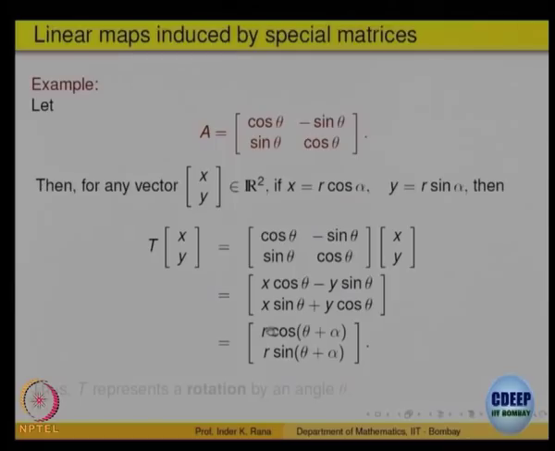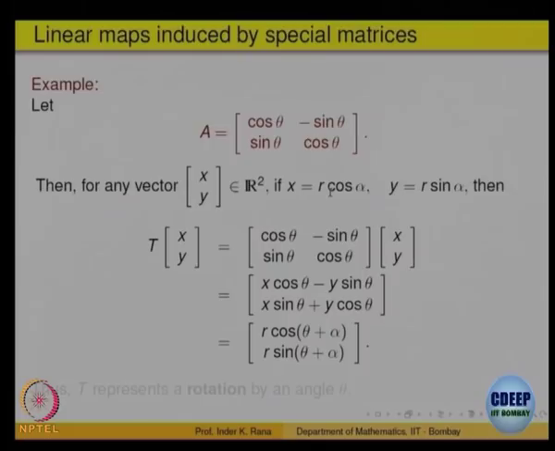Now r remains the same, the distance of the image from the origin remains the same, but the angle has changed to theta plus alpha. So, if r, alpha were the polar coordinates of the starting point, the image point has polar coordinates r, theta plus alpha. That means, geometrically, it is a rotation by an angle theta. So, this matrix multiplication gives you rotation by an angle theta, clockwise or anti-clockwise depending on whether theta is positive or negative.